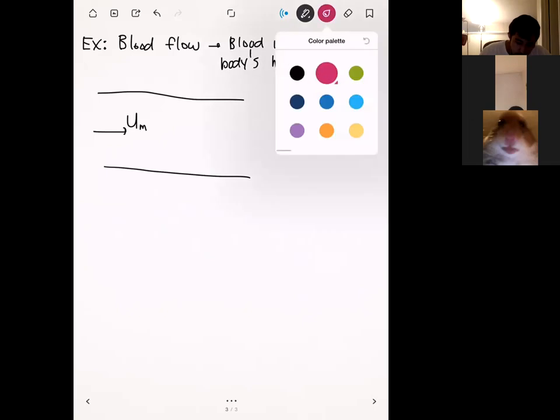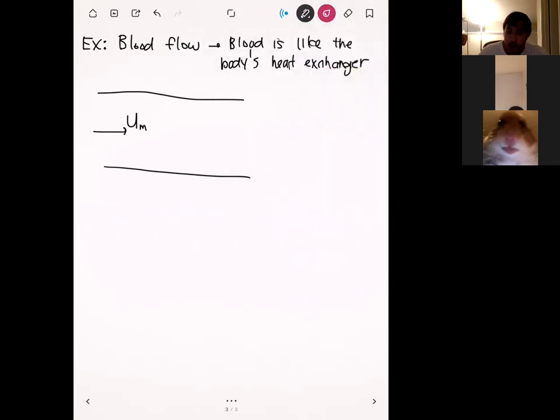On the outsides here, we have some tissue of some kind. This could be muscle tissue, fat tissue, or any kind of tissue in your body. And we'll say that the tissue is at a temperature TT, where TT is a constant.